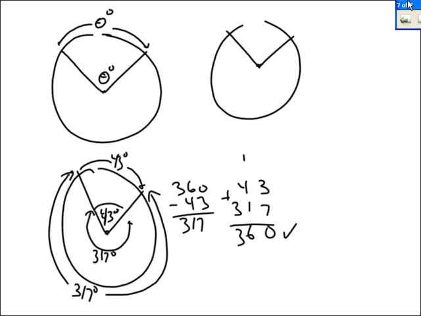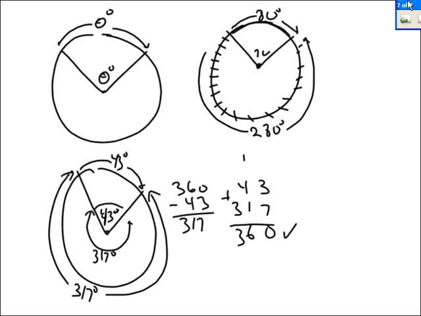If that's the center and this angle is 80 degrees, then that arc is 80 degrees. That is, this is an 80-degree arc. And the rest will be 280, because 280 plus 80 adds up to 360.